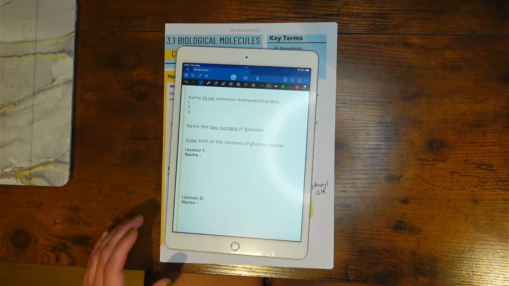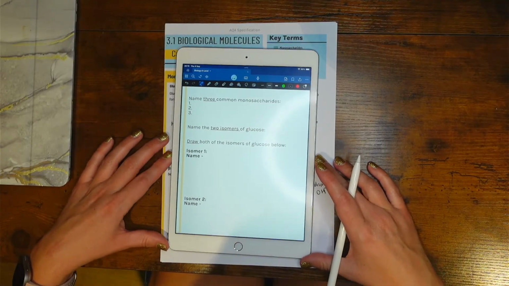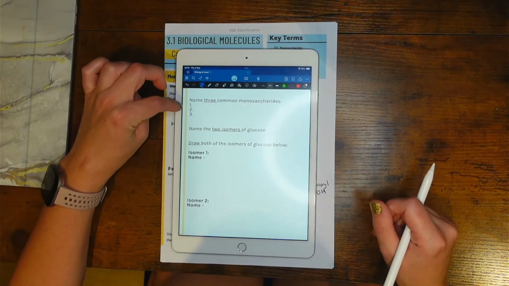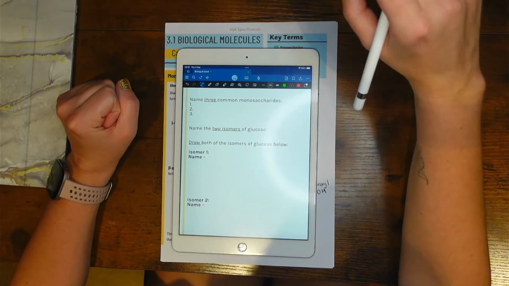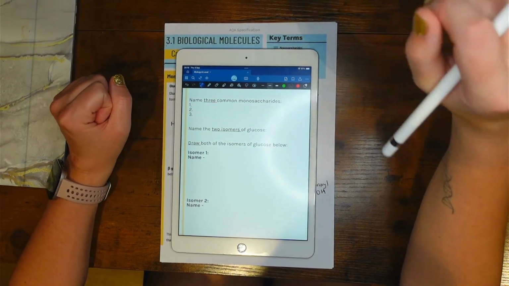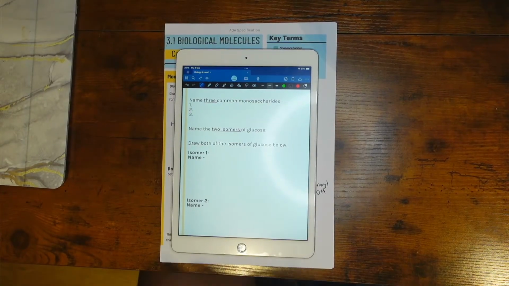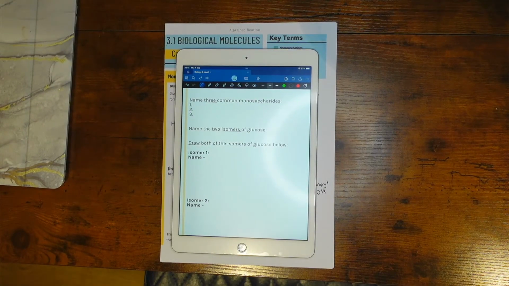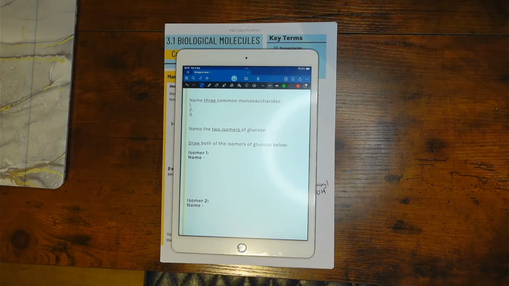So we have got name 3 common monosaccharides. Into the chat box then, let's name 3 common monosaccharides. Alpha glucose, beta glucose, fructose, yeah.